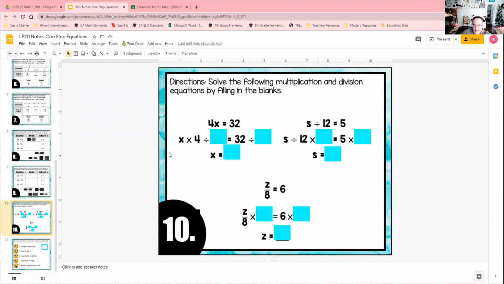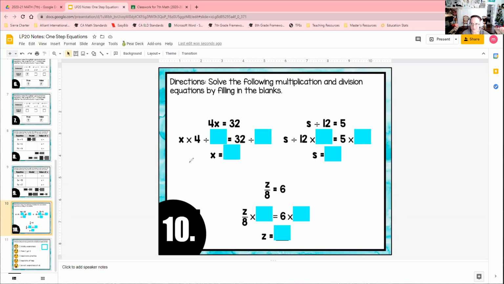Lastly, page 10 has you solve the following multiplication and division equations by filling in the blanks. So this is the same as it was before, but this time these are multiplying and dividing problems. So if we have 4x equaling 32, that means we have x times 4. That's a multiplication. So you want to ask yourself, I have a multiplication. What will cancel that?